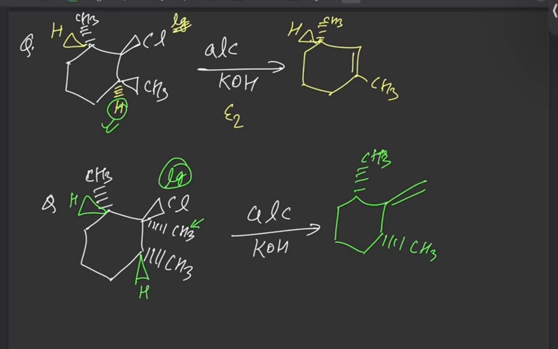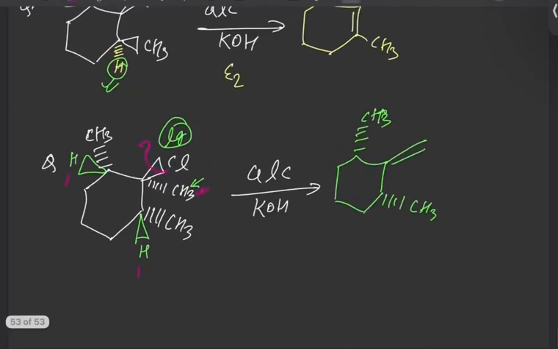Are you getting my point? So this chlorine will be removed, but this hydrogen will be taken from this CH3, and this product will form. Because these hydrogens are on the same side, the same-side hydrogen will not be replaced. It will always be replaced from the opposite side. Anti-periplanar or anti-elimination.